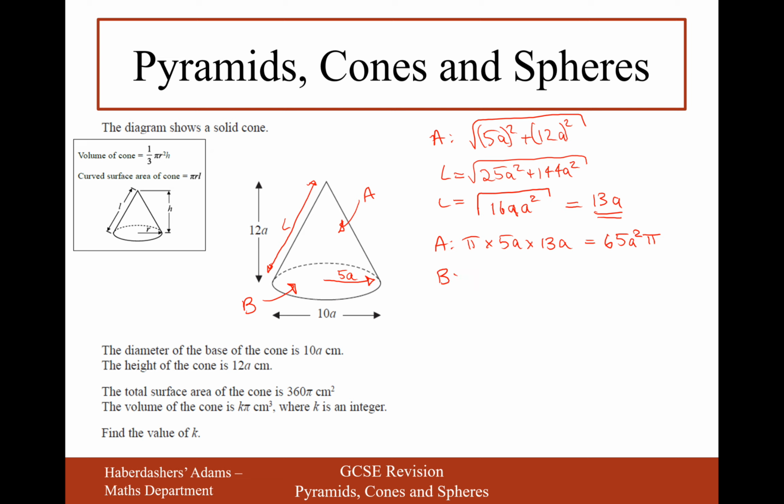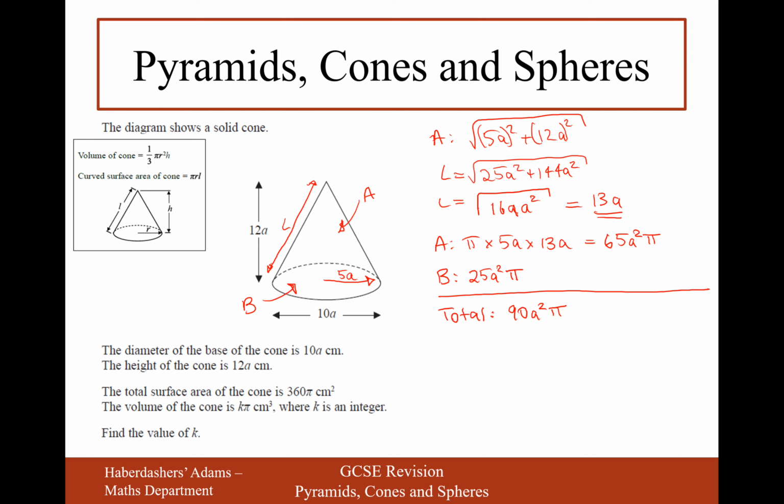And for part B, it's going to be the area of the circle on the bottom. So that's 5a squared, so it's 25a squared pi, that's pi r squared. So then we'll add it up together. So the total surface area is going to be 90a squared pi.